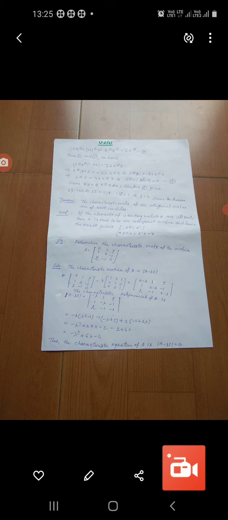Now since x is not equal to 0, it implies x^θ is not equal to 0. It means x^θ x is also not equal to 0. Therefore from equation number 4 we have lambda lambda bar minus 1 equals 0, and this implies lambda lambda bar equals 1, so mod of lambda squared equals 1, and this implies mod of lambda is equal to 1.